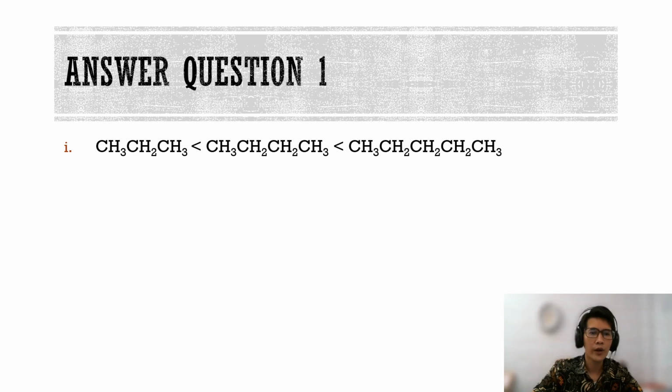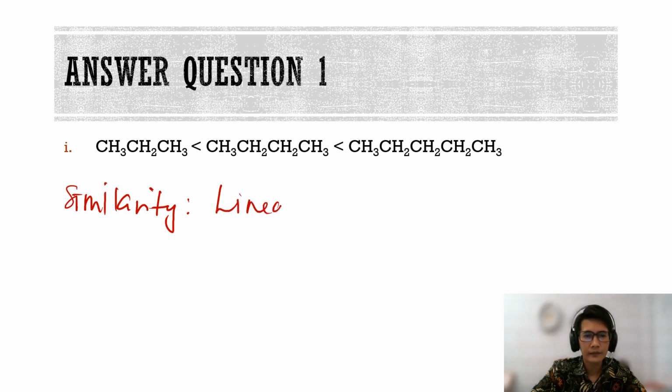So the first point, you need to find the similarities. The similarity between all these three compounds is that they are linear alkanes. Therefore, they all have only van der Waals forces.